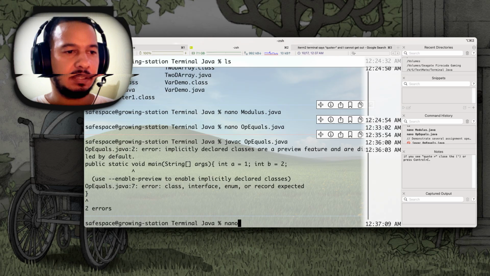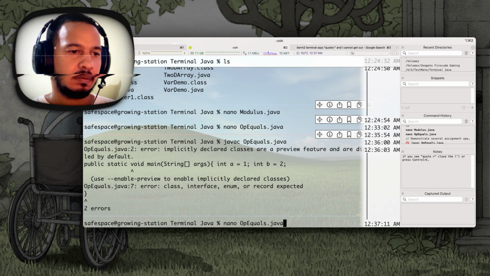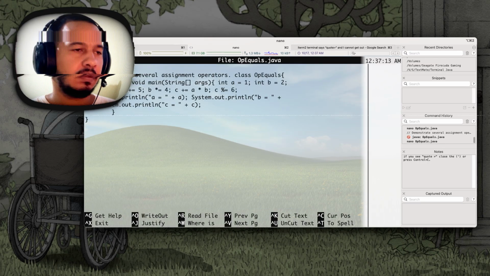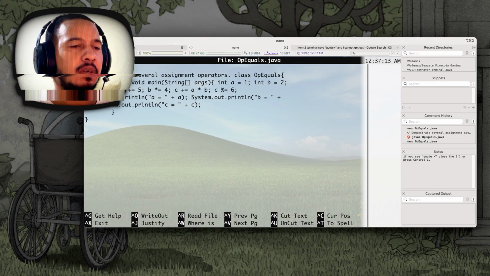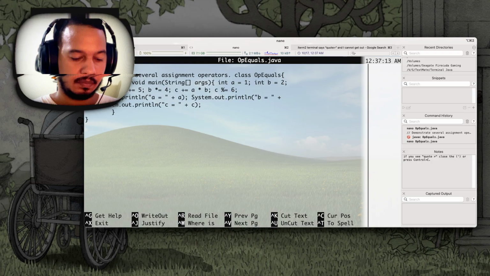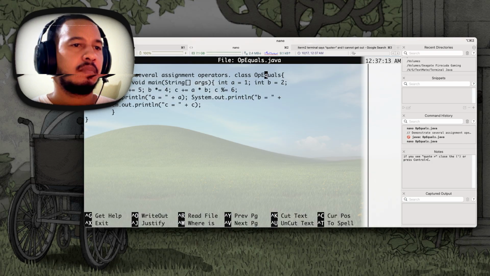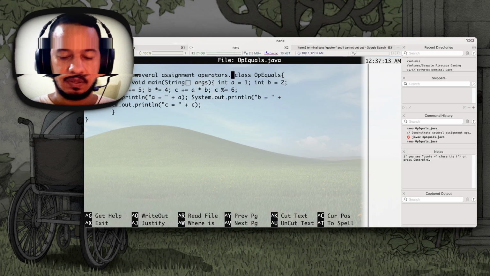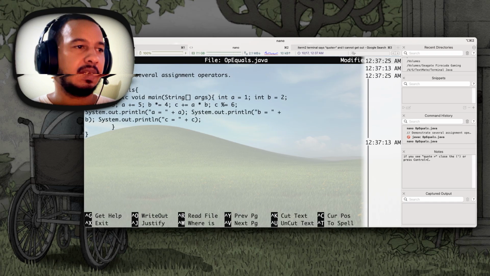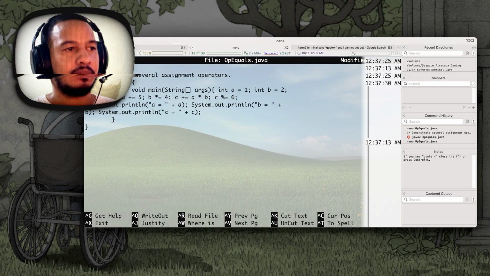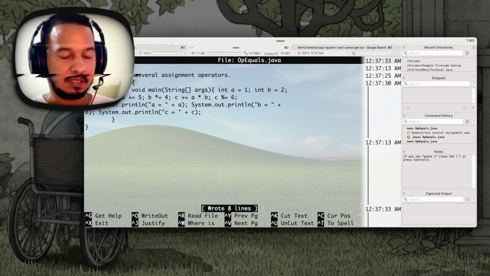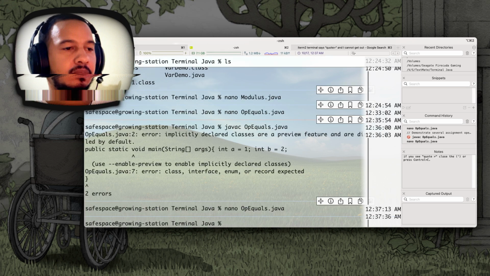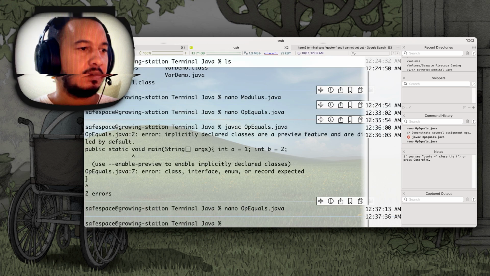Okay, so let's see what's happening here. All right, so that's why it's calling it an implicit class. It's because it thought it was an implicit class.